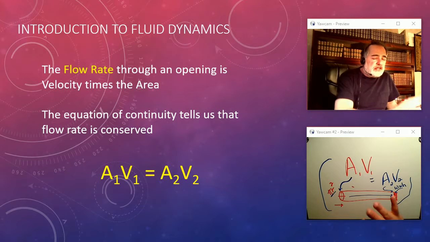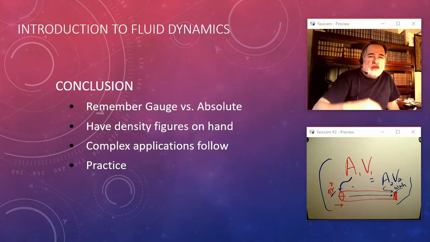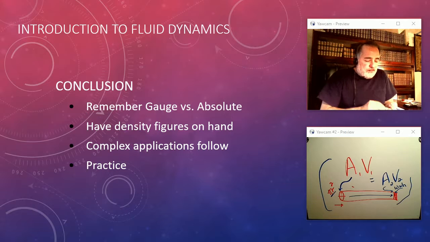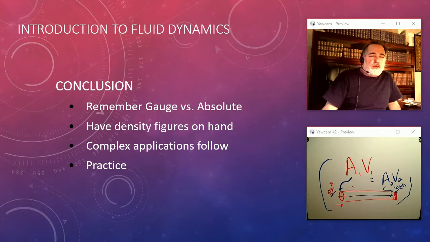So those are the topics I want you to know for this particular assessment. Not too bad, right? Should be fairly straightforward. You have to have your densities for particular materials on hand.